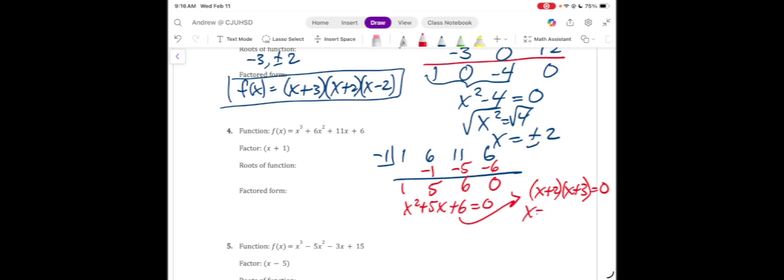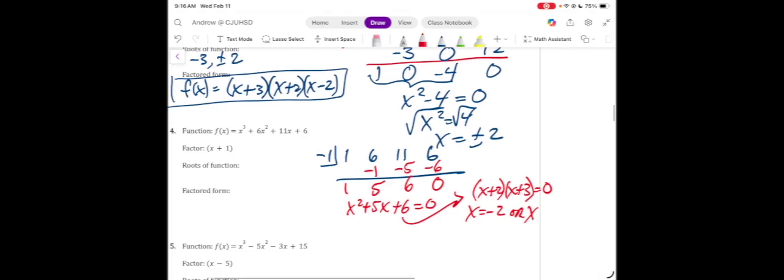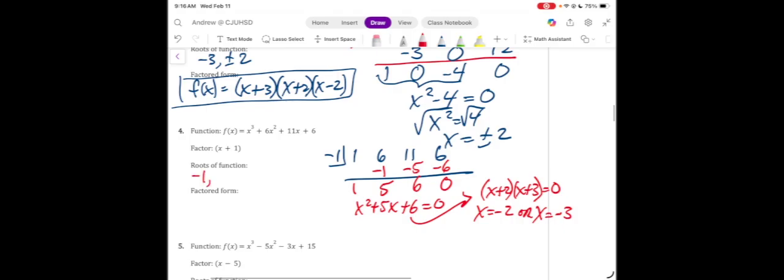So x equals -2, or x is -3. Yeah, solve by factoring. So the roots were -1, -2, -3, making the factored form the opposite of those, x plus 1, x plus 2, x plus 3.